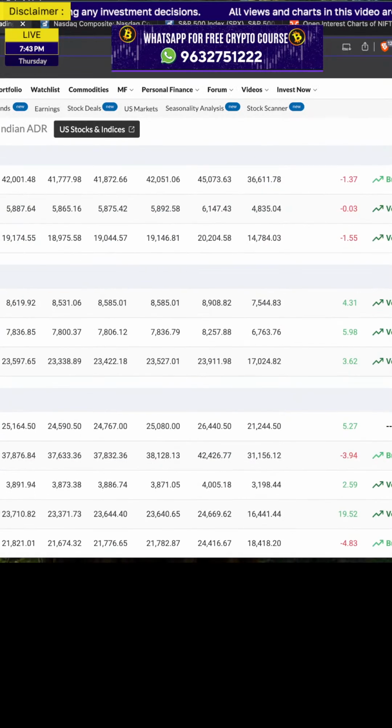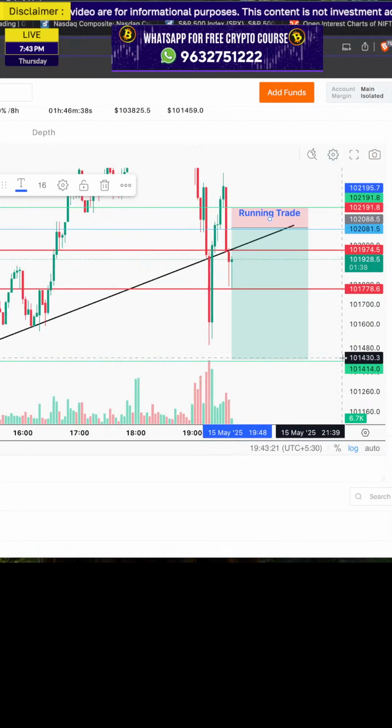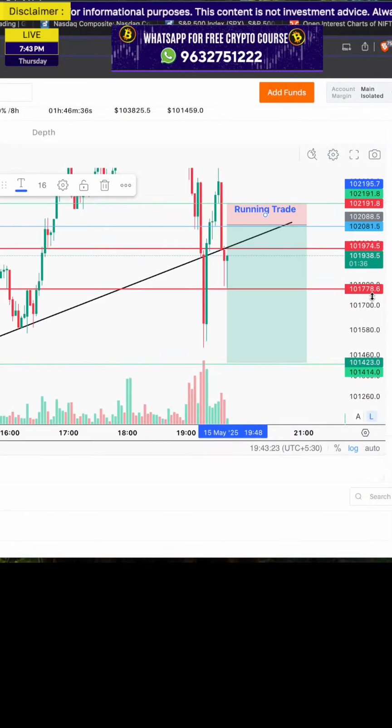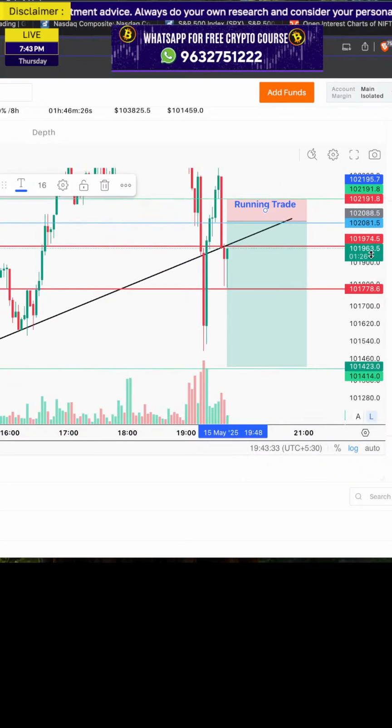US market again gone negative. It's good in portrait, facing lag in landscape mode.